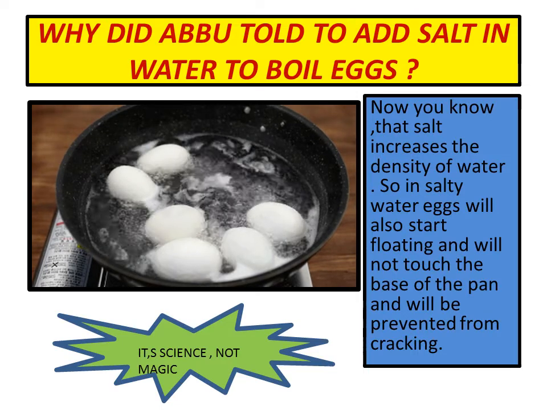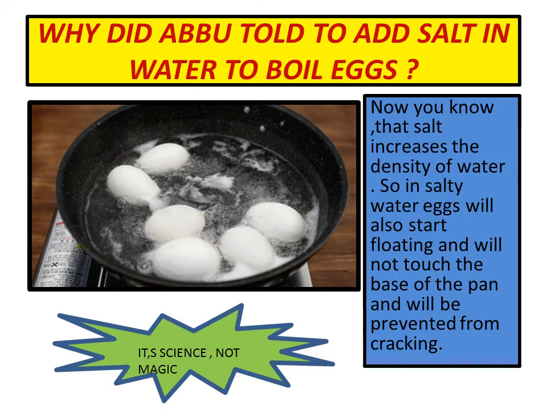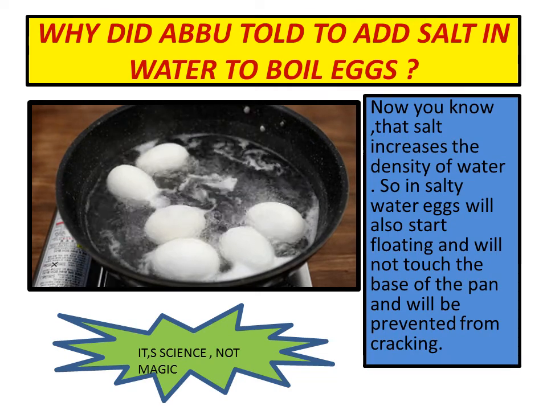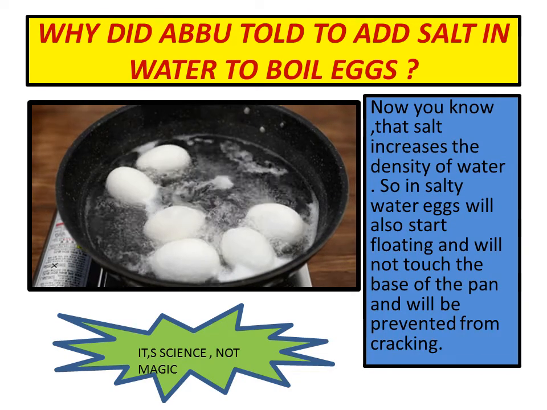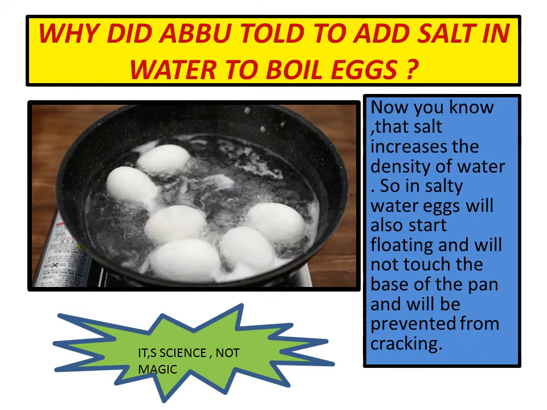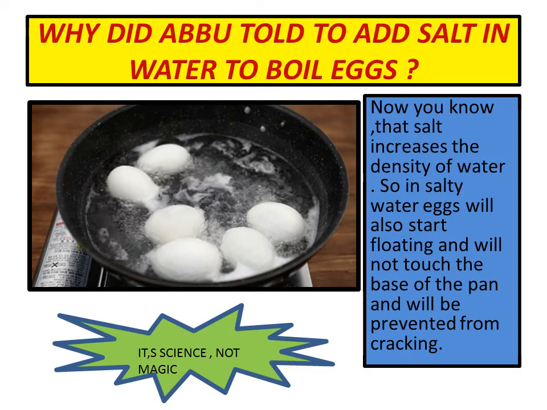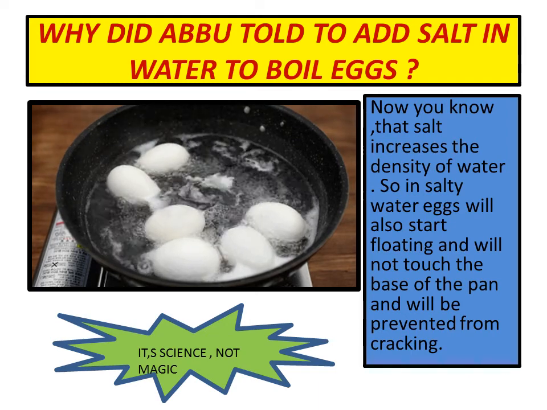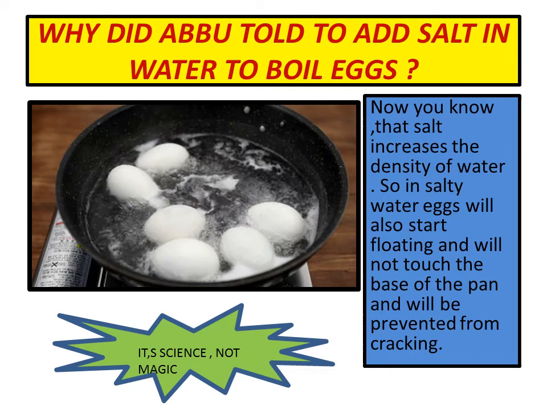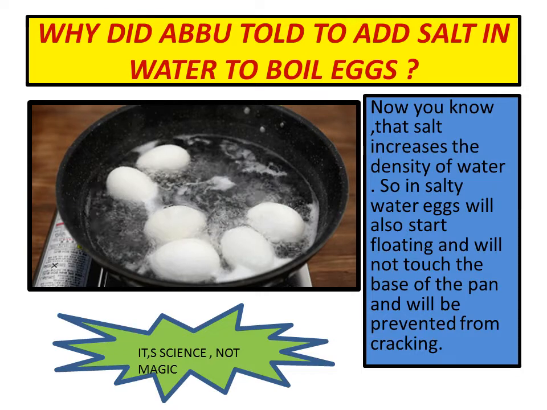Abu told his daughter to put some salt in the water to boil eggs. Now you must be thinking why we add salt. As in the lemon and salt experiment, we came to know that salt increases the density of water and the lemon starts floating.